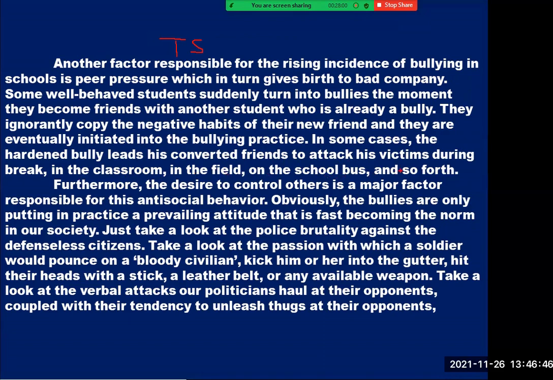You see, sometimes you find a group of students going to attack another student. It could be that the one who is a bully became friends with some other people who now joined him in that habit, you know, he influences them and they all agree due to peer pressure, and they can gang up and beat up another student.